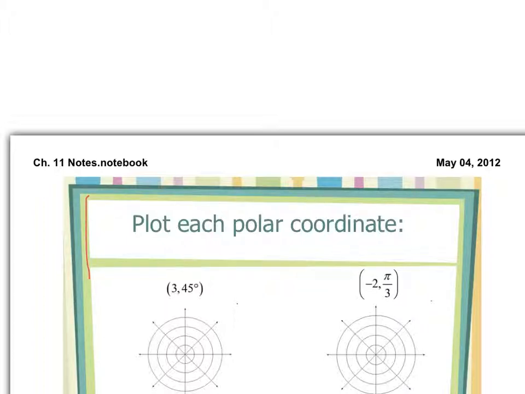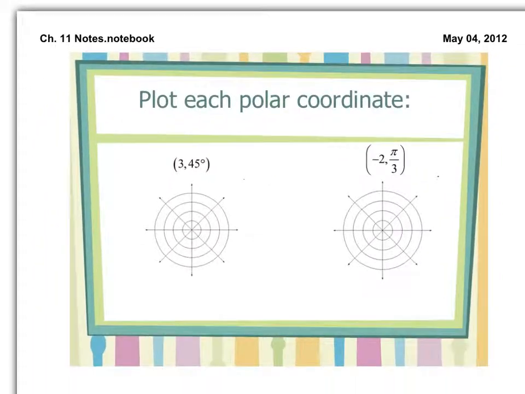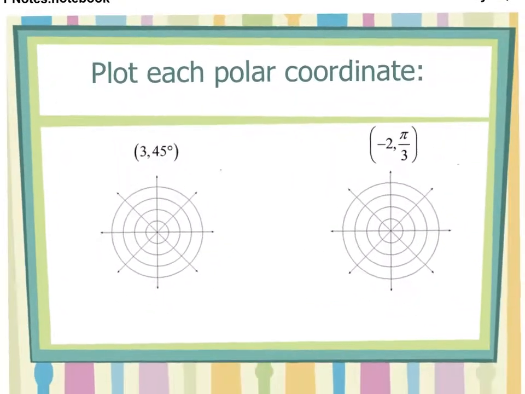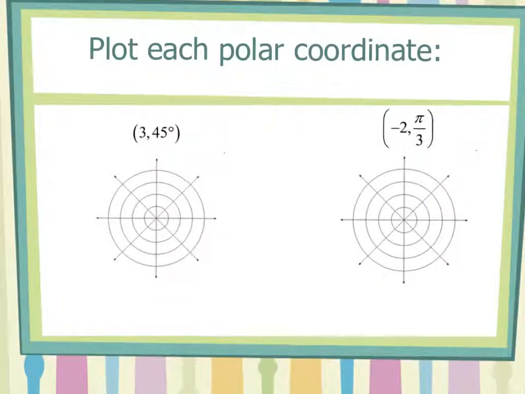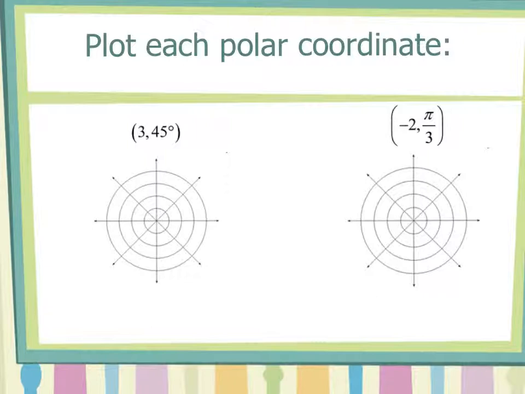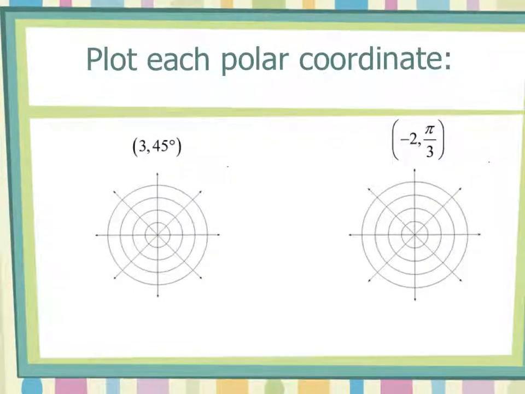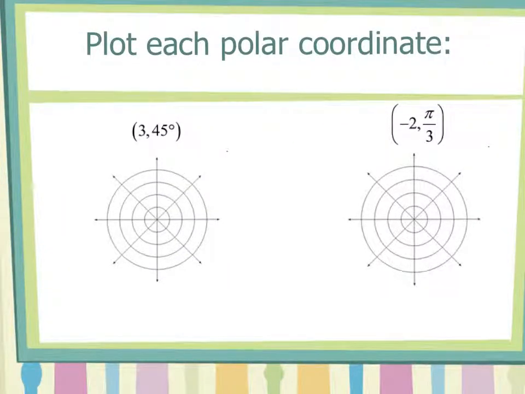So let's say we wanted to plot these. Got to get comfortable with this polar coordinate grid. It looks a little bit different. It looks like a dartboard is what most think the first time they see it. All right, 45 degrees and 3. Remember, this is saying that the length of that terminal side is going to be 3 units.